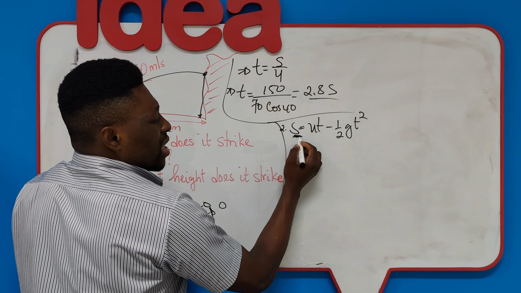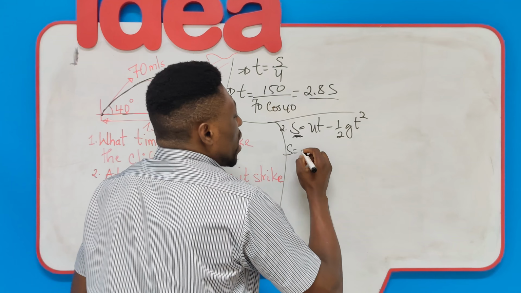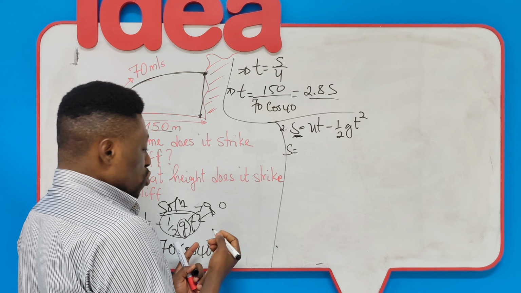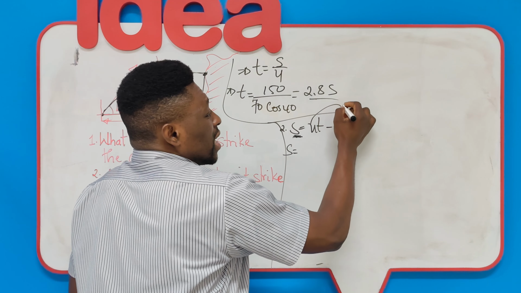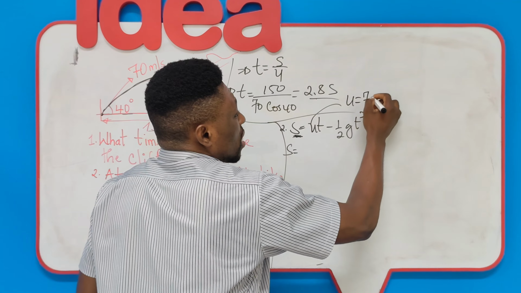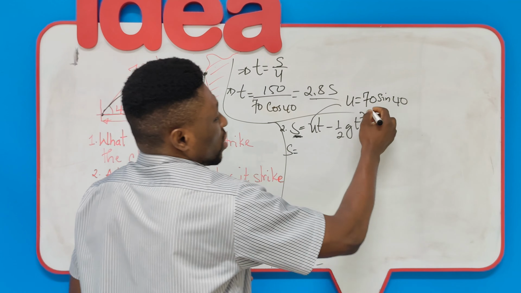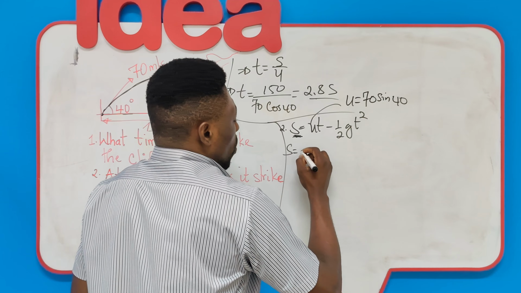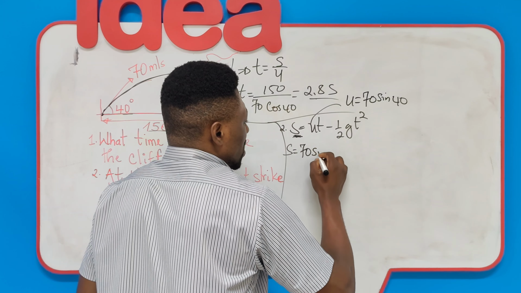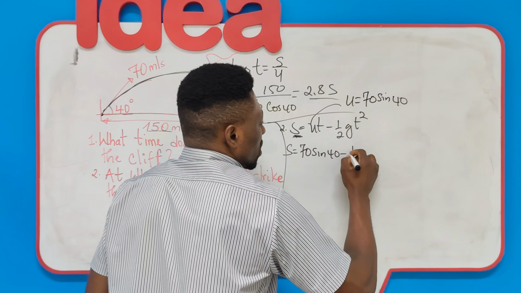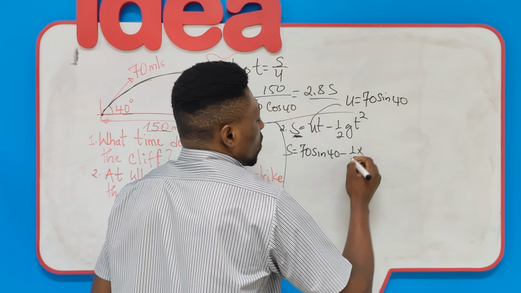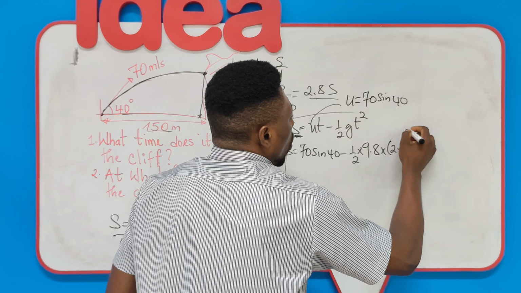So s is going to be equal to, now again, u is not just the u we know. U this time around is the vertical component of the initial velocity, which is given by this. So we will have 70 sin 40 minus half times, for simplicity's sake, we take g to be 9.8, times the time 2.8 all squared.